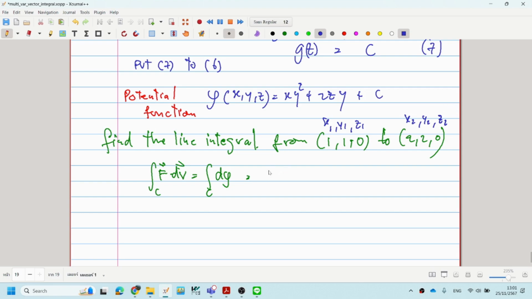Put in here: find the potential function at point 2, 2, 0, minus the potential function at 1, 1, 0.